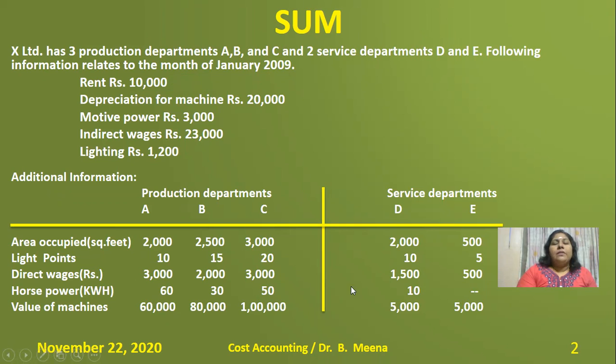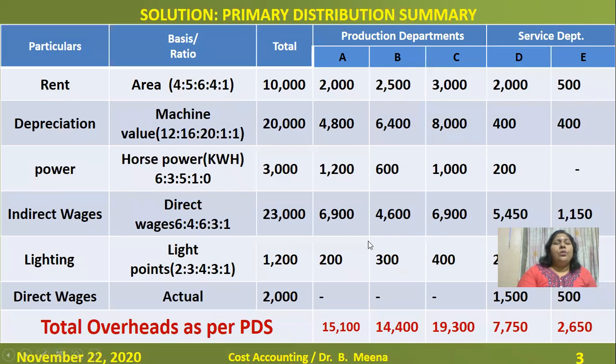So I can cancel two zeros in all the amounts and then divisible by 5 means 6 is to 4 is to 6 is to 3 is to 1. That is the ratio. So I can apportion like that. Then out of 23,000, I'll get 6 by 20, 4 by 20, 6 by 20, 3 by 20, 1 by 20 for all the production and service departments. Then I'll get these values.